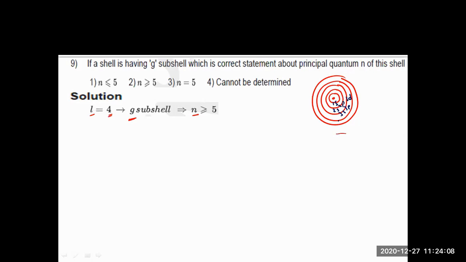In the fourth shell, the subshells present are 4s, 4p, 4d, and 4f. So 4f is the one newly added there. Similarly, in the fifth shell, 5s, 5p, 5d, 5f, and 5g will be present. Once 5g is added from the fifth shell, it will be present in the sixth and seventh shells too. In that way, option 2 is the correct one.